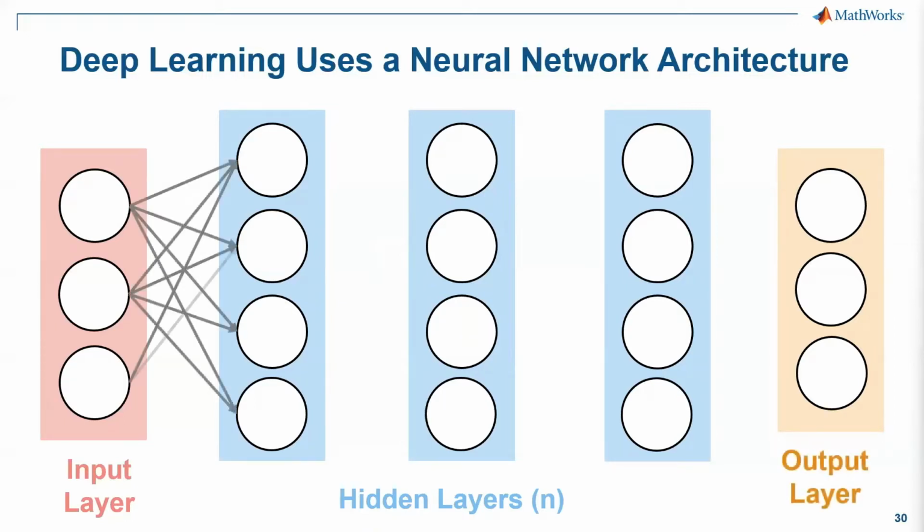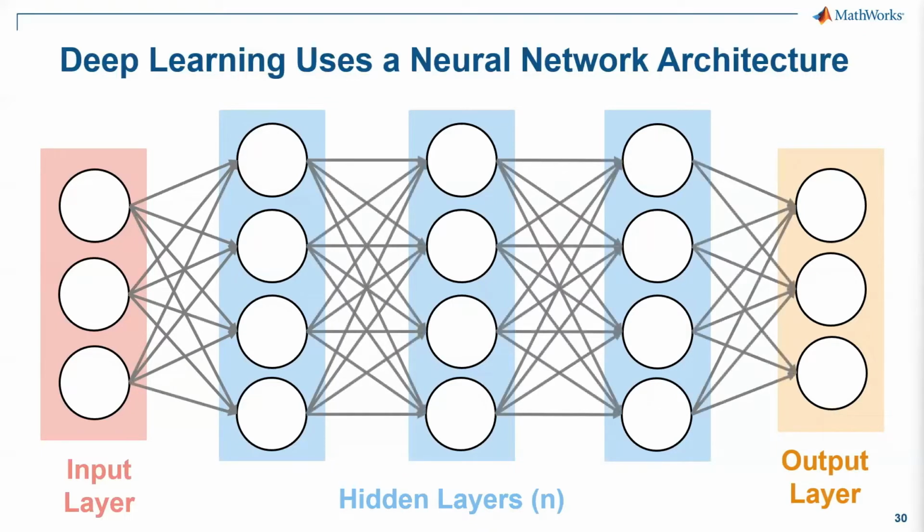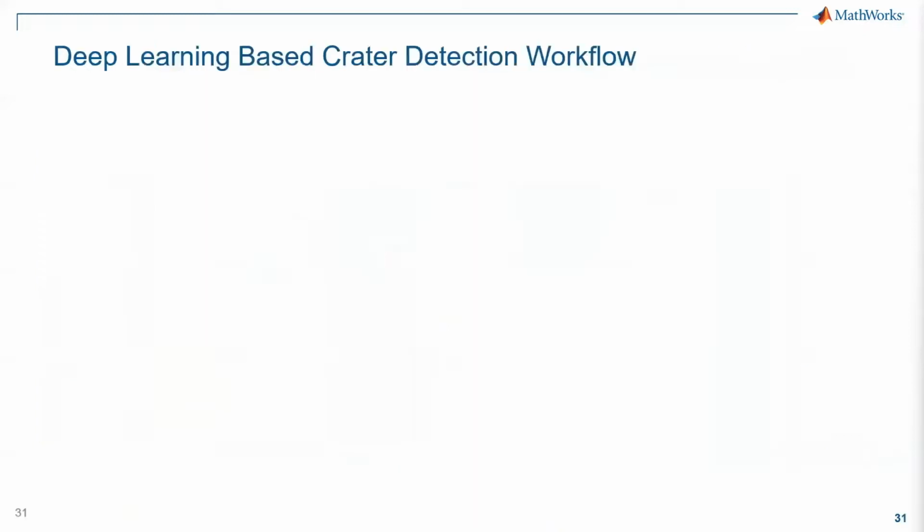And finally, we have an output layer, which can perform classification. Our data that we use to train the network gets propagated through these layers to create a model for our data.